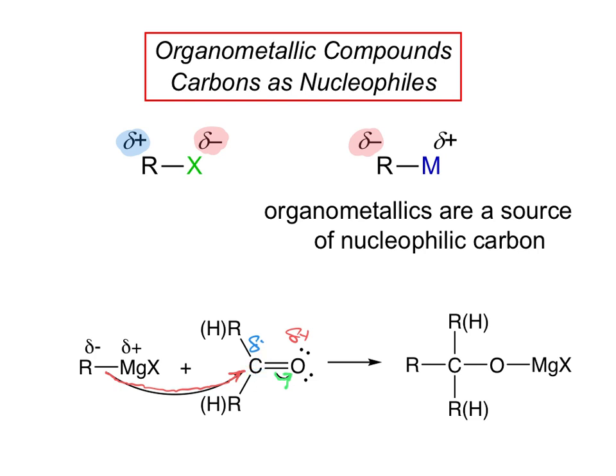An electrophile either has space or can make space for a new pair of electrons. And we can create a new carbon-carbon bond as a result of that. So our new carbon-carbon bond is right here.